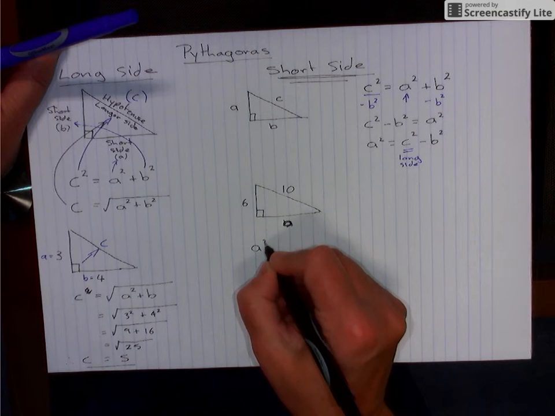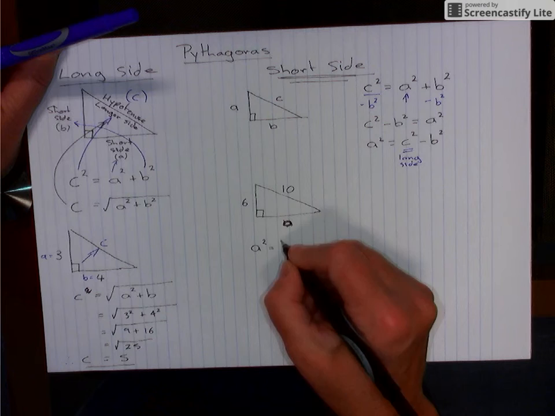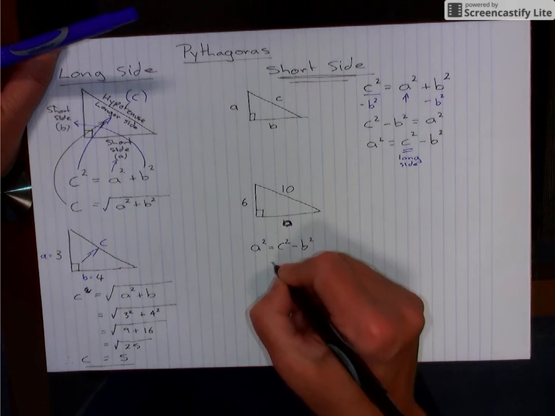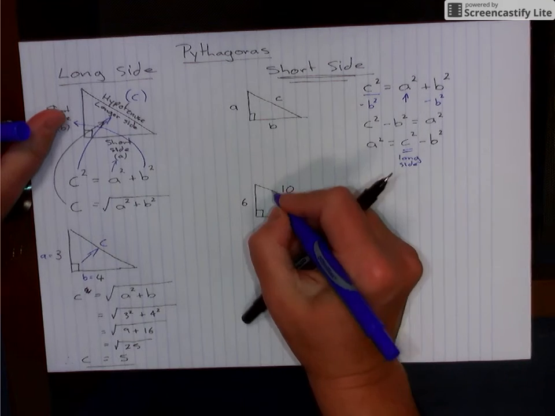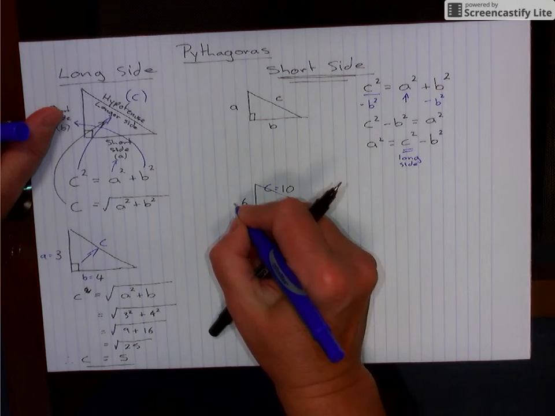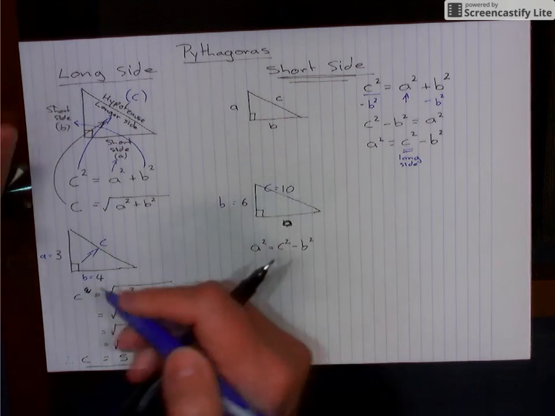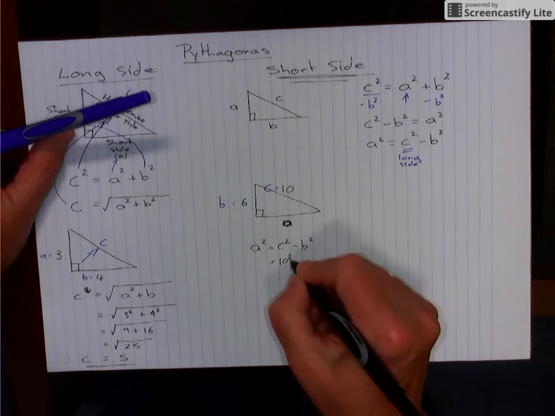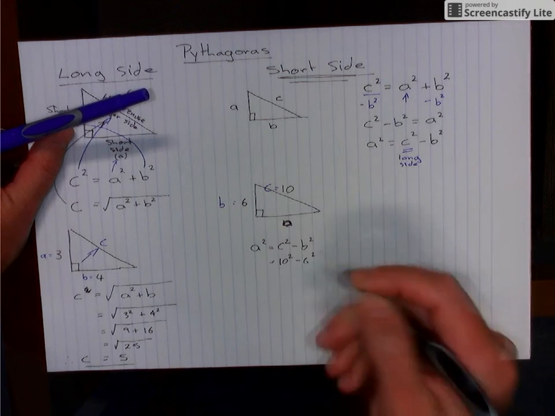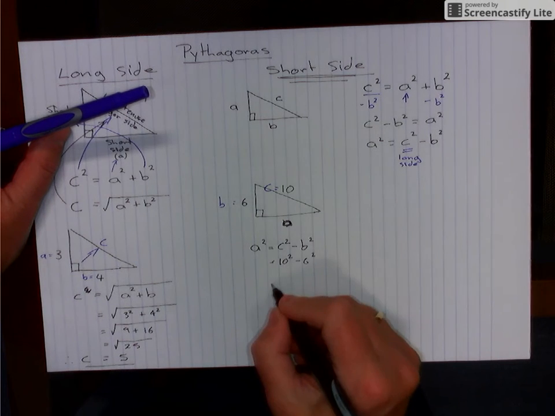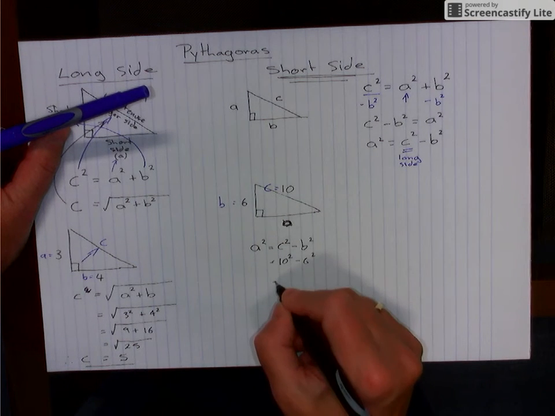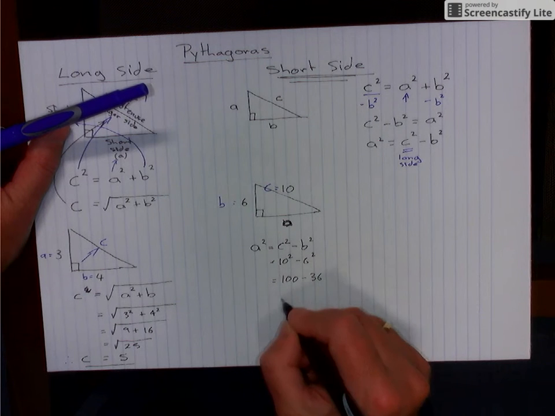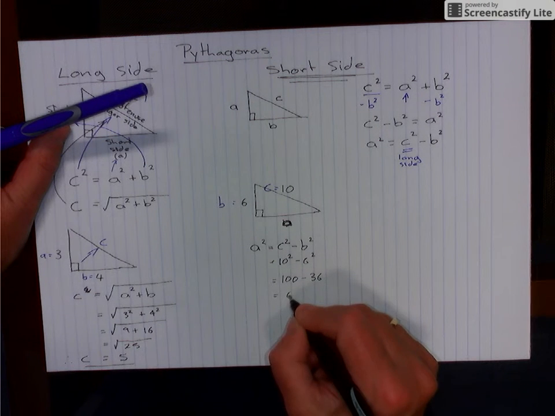So A squared equals C squared minus B squared. Now C is our hypotenuse and B is our other short side. So C is 10 squared minus 6 squared. So this is still A squared, so equals 100 minus 36 equals 64.